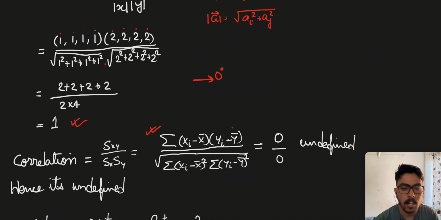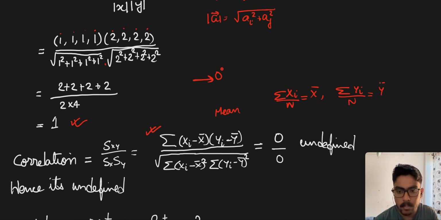X bar and y bar here denote the mean, right? So summation of xi by n is equal to x bar, and summation of yi by n is equal to y bar. Remember that this is in the same summation, right? So don't take it as different, that summation will go inside and split into 2.